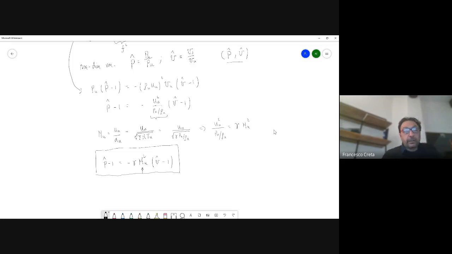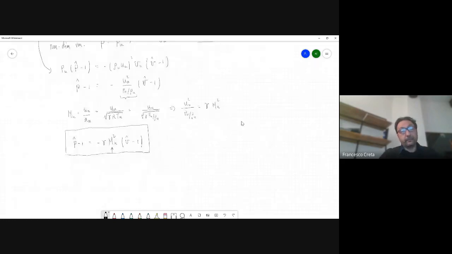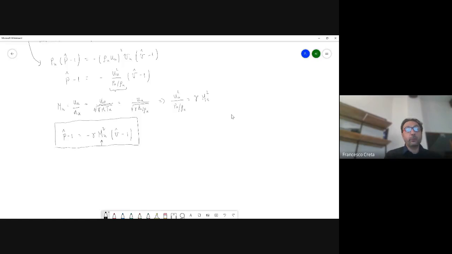So let's look at these quantities here. We said that we were going to use this plane, so let's use it. Let's have V hat on the x-axis and P hat on the y-axis. Now, first of all, if you look at this linear function, these are all linear relations, so they are straight lines passing through the point 1, 1.